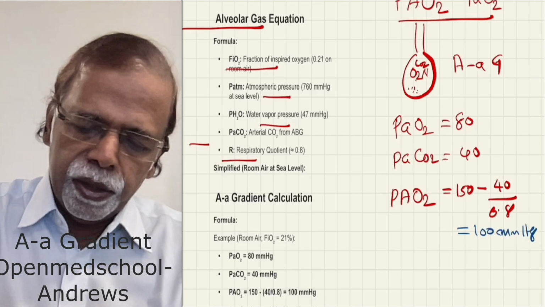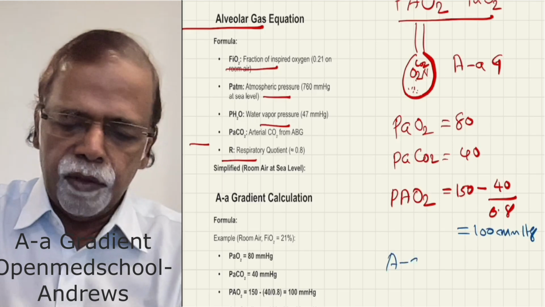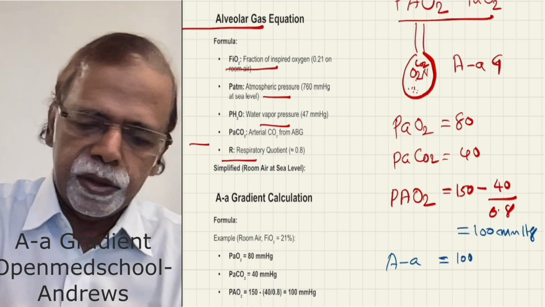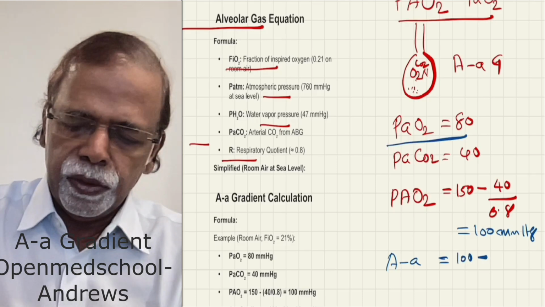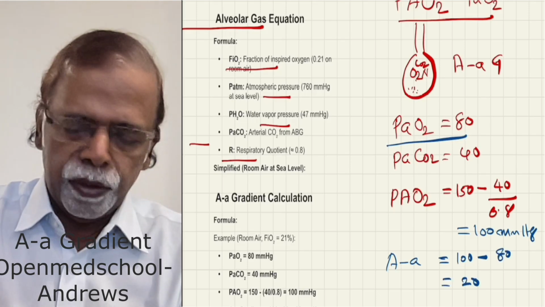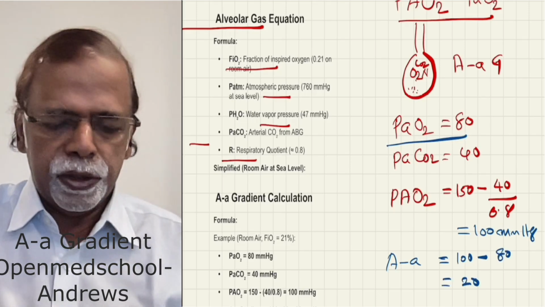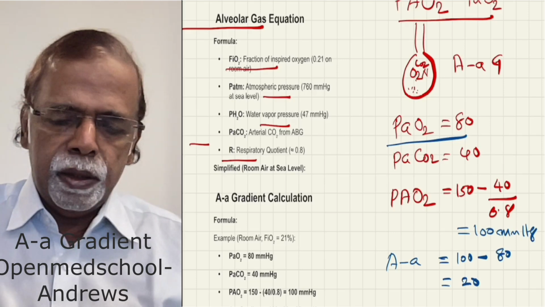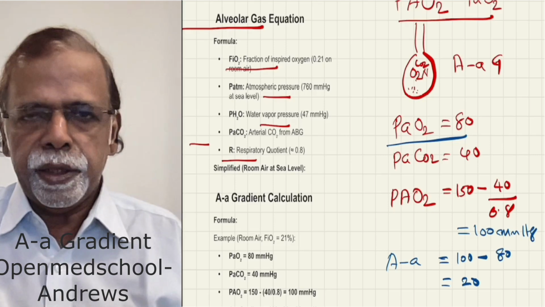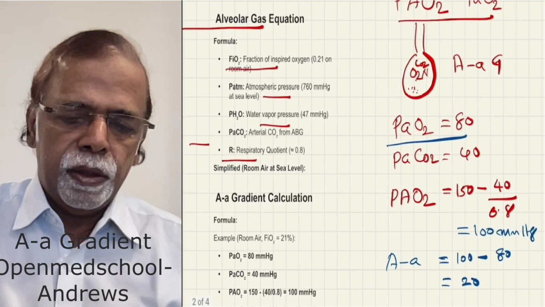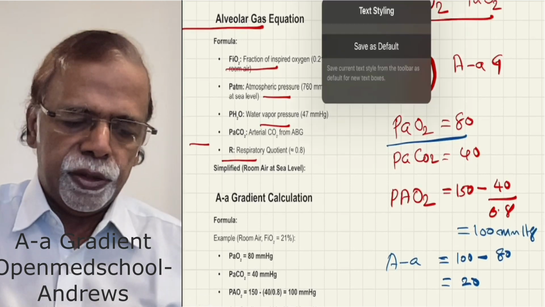So the alveolar arterial gradient will be 100 minus the PaO₂, that is 80, which is equal to 20. So hope you understood how to calculate the alveolar arterial gradient by using the alveolar gas equation.